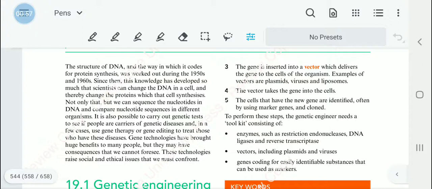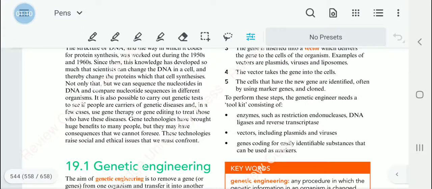DNA technology has changed so much during the past few years that we can actually change DNA and also change proteins. The DNA has a coding for the production of proteins, so we can change the proteins which are synthesized by the DNA, and also the cell.